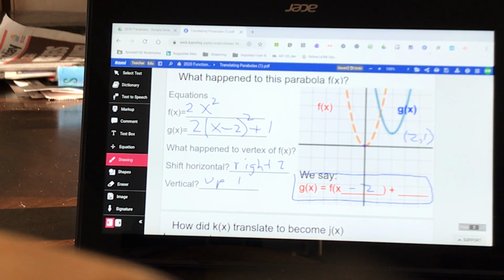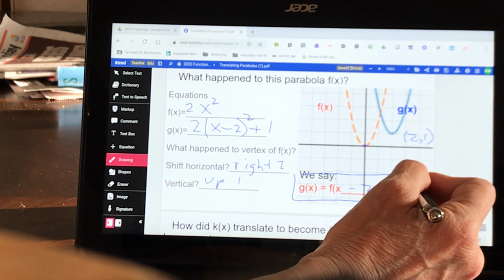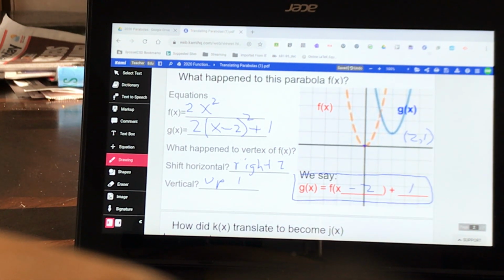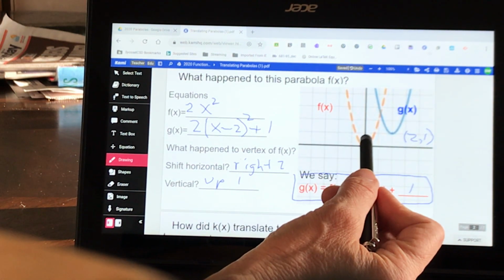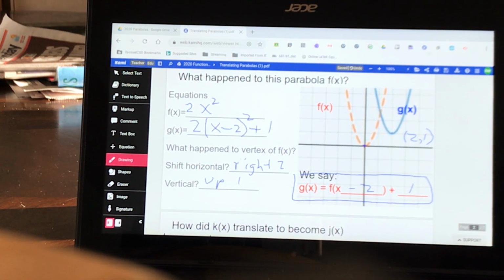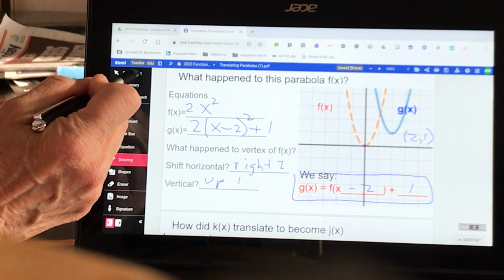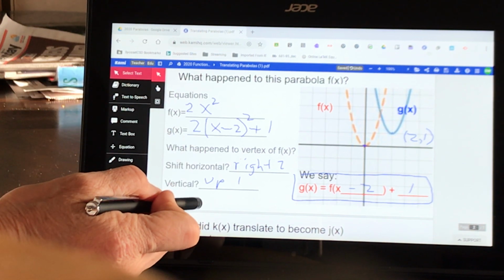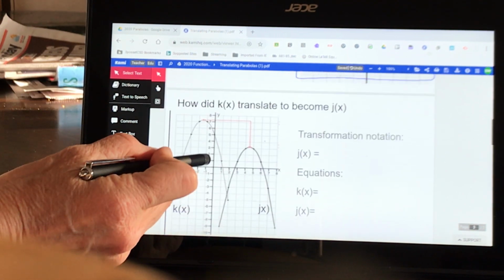And if it moved up 1, that means on the outside we have plus 1. Notice how there's no x squared. It could be any function, okay? It's just f of x being translated 2 units to the right and 1 unit up to become the new function g of x.